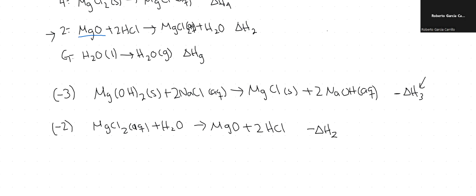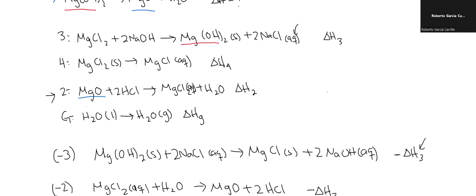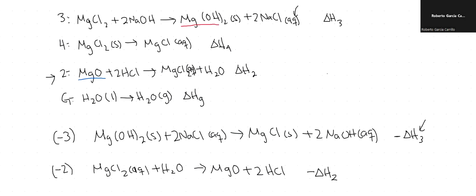So considering reaction 4, we can see that magnesium chloride cancels out with the magnesium chloride in reaction 3, like so.